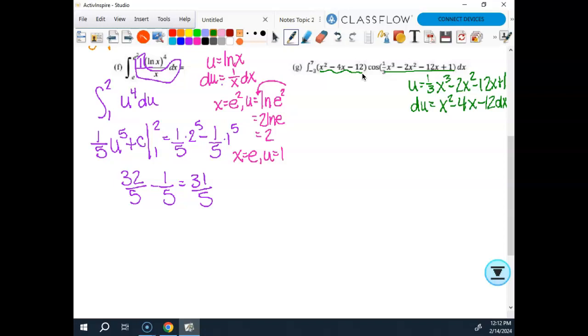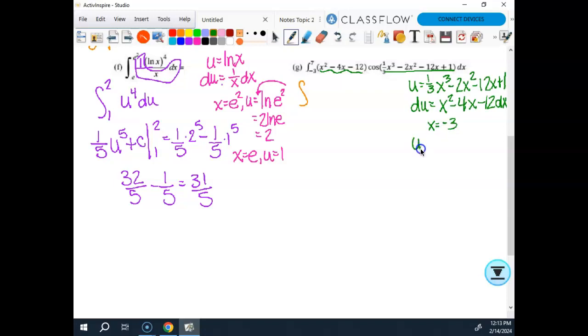So are we all good at that point then? What else do I need to do before I start substituting things in? Let's go ahead and do the integral. Am I going to go from -3 to 7? No. Okay, so I need to figure out what that's going to be. If x is equal to -3, then I have to figure out what u is, so I'm going to substitute it in there.